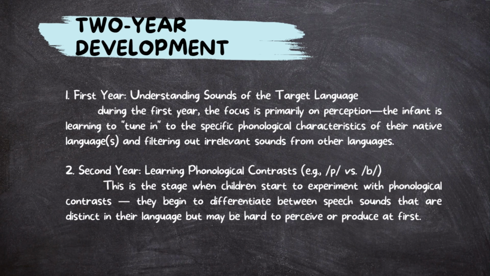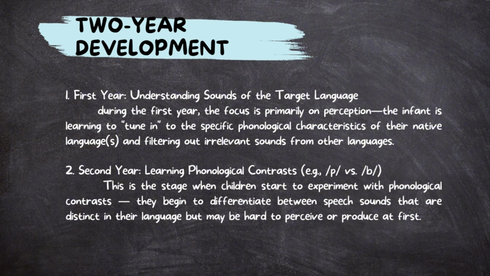So in the pre-linguistic perception period, infants also become attuned to features like rhythm, stress patterns, and intonation, and the phonemic inventory of their environment. This includes the differences between vowels and consonants, the rhythm of speech, and features like the syllable structure.